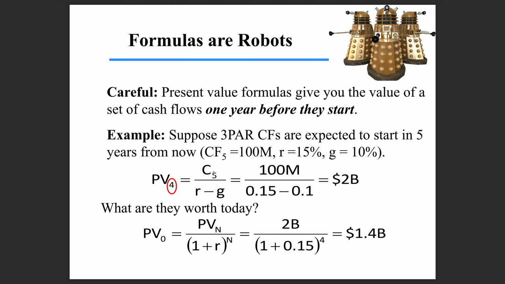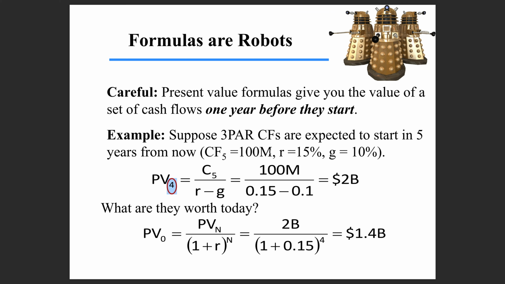But now this is time 4. This is how much this firm would cost if we bought it at time 4 years from now. It's not the amount this firm will cost if we buy it today. Again, the first cash flow starts at time 5 and the resulting PV is indexed by time 4.